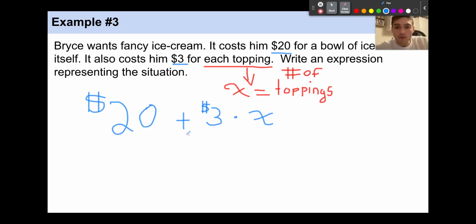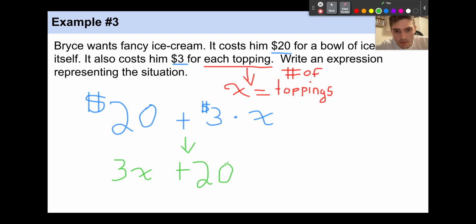And like I said before, we could leave it like this, but it doesn't really look clean. So we're just going to reorder it, restructure it. Our final answer is 3x. We don't even need the dollar signs, really. 3x plus 20.